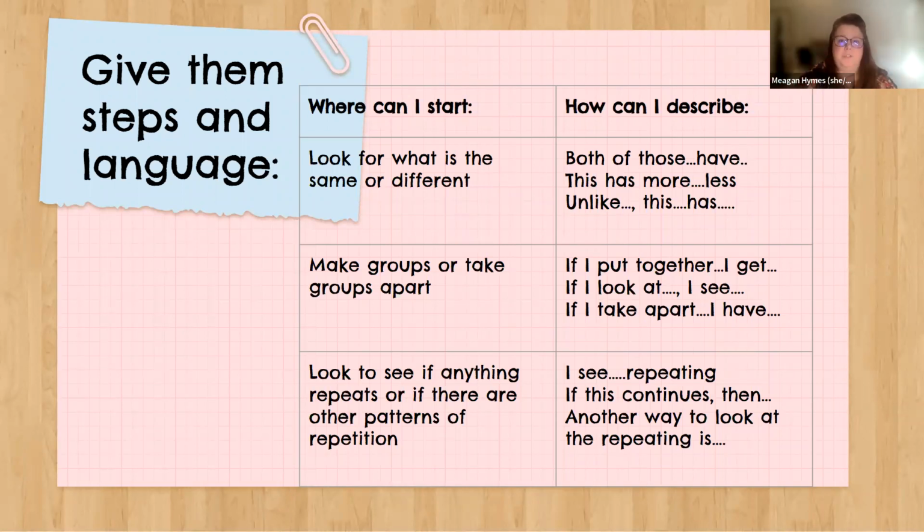Oh, let me look at this chart here. Okay, what is the same? What is different? That's one place to start, right? Are there groups? Can I make groups or can I take groups apart? And again, it's just giving them the language and a place to start and then a language to describe so that they can start diving in deeper to the language that you're building with them. Next slide.